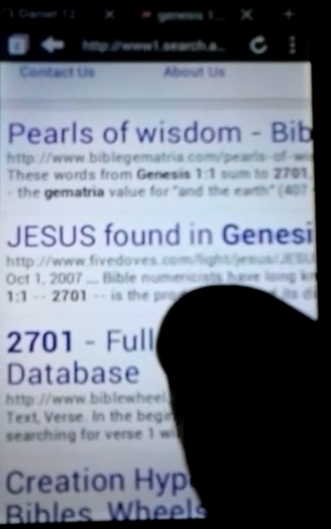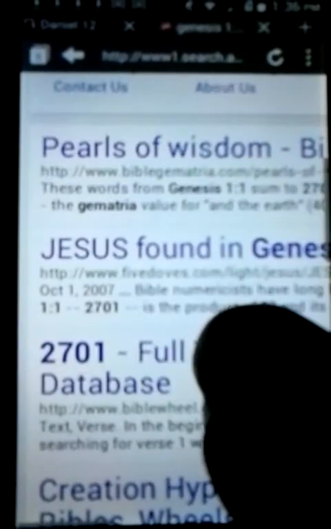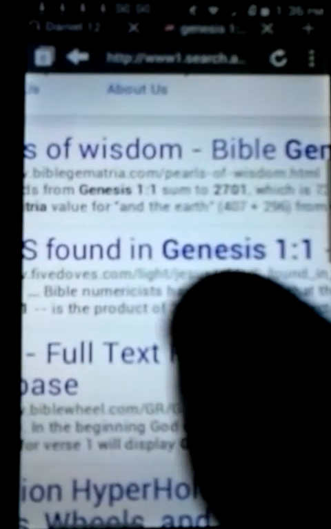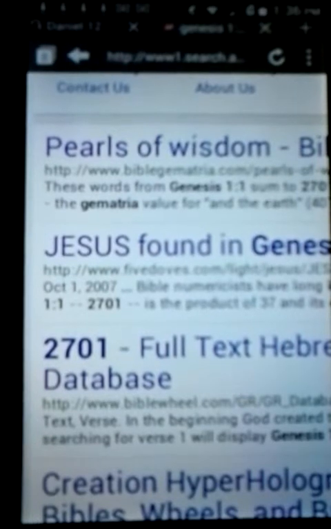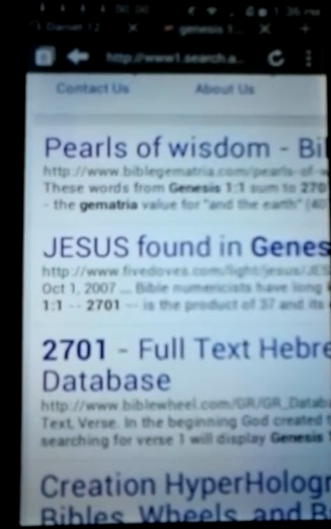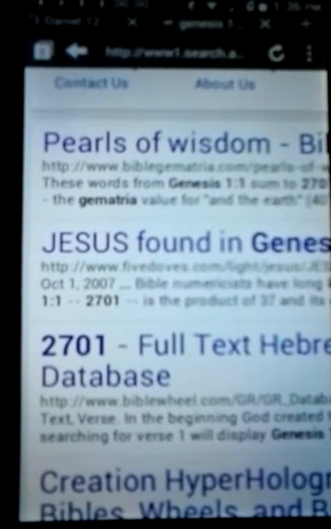Pearls of Wisdom, Bible Gematria.com. These words from Genesis 1:1 sum to 2701. More than coincidence, the number 430 multiplied the fourth time gives you 2701.